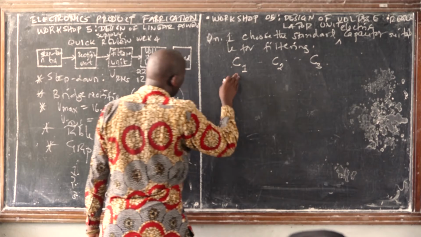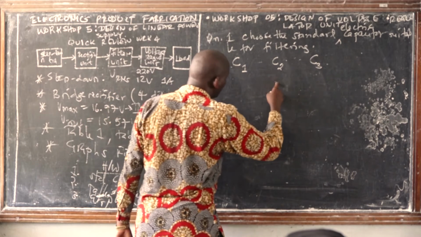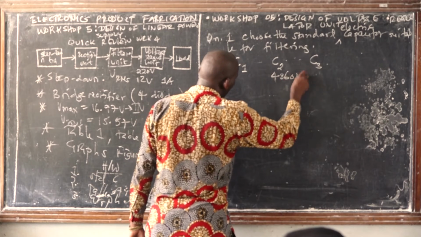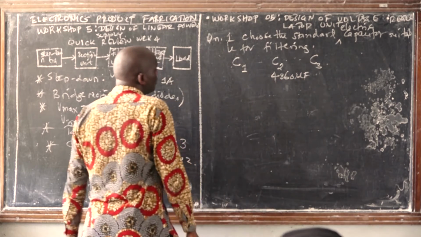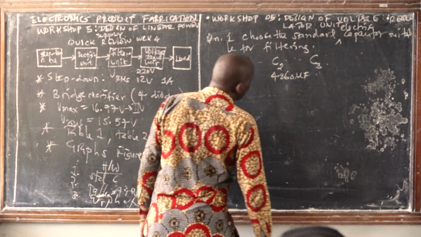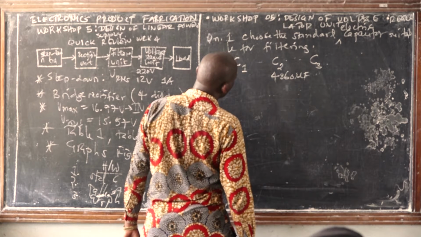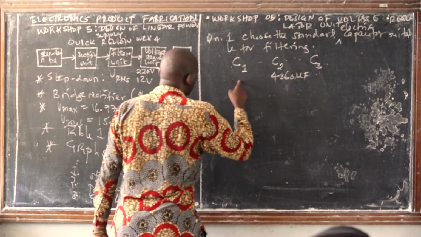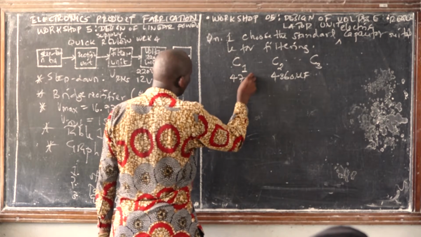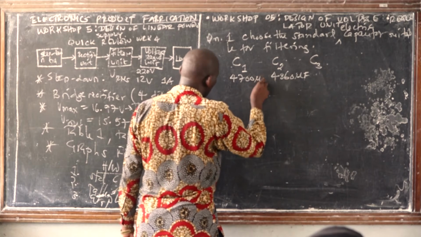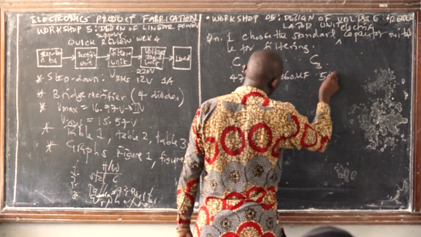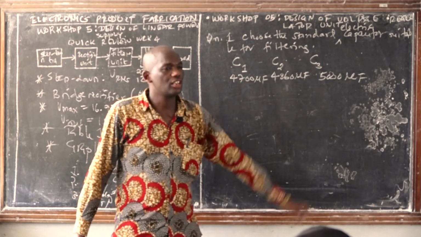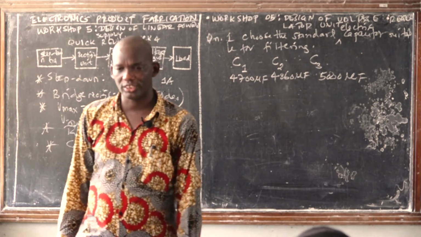So C1 is the capacitor that we computed, the calculated value, 4,860 microfarad. The previous standard capacitor for this one is 4,700 microfarad, and for C3 it is 5,000 microfarad. I told you that we prefer to choose the capacitor which has capacitance higher than the calculated.